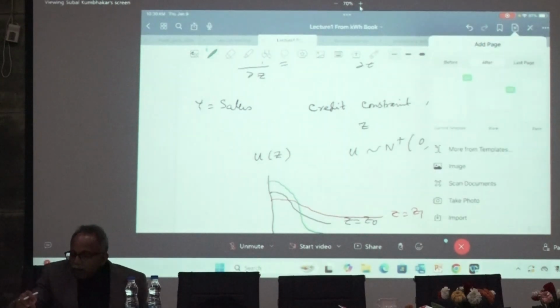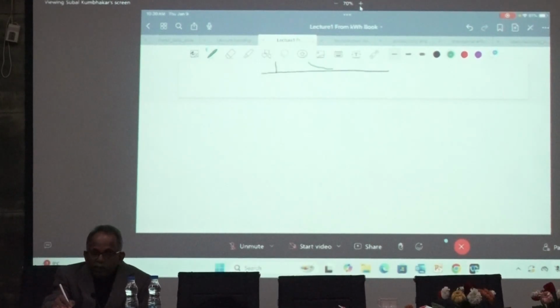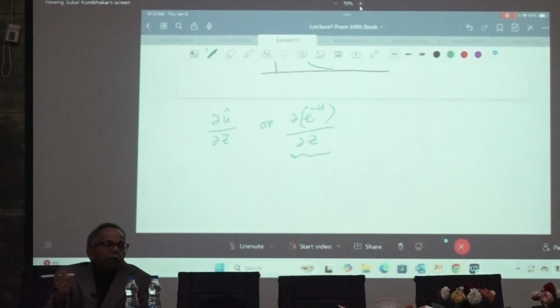So let me just create another page in here. After estimating it, you get the marginal effect, that is the derivative of your U hat with respect to Z. Remember the interpretation of U hat, you can do that, or you can just take the derivative of e to the power minus U with respect to Z. This tells you that if Z goes up by 1 unit, or 1% depending on how you measure Z, by how much your efficiency is increasing or decreasing.